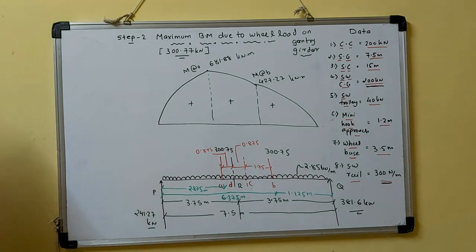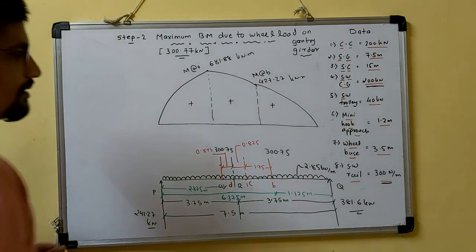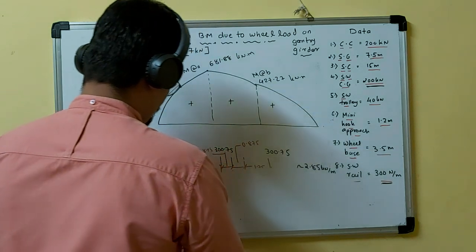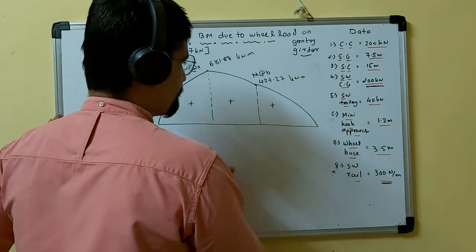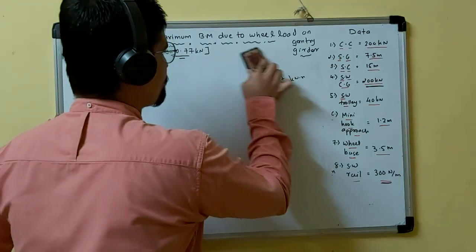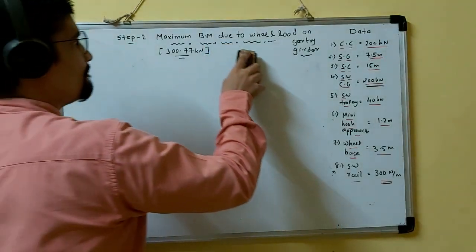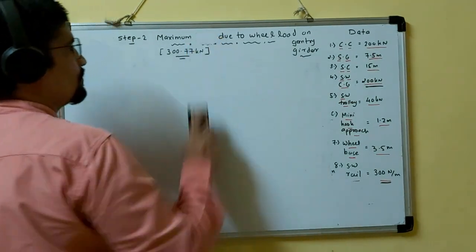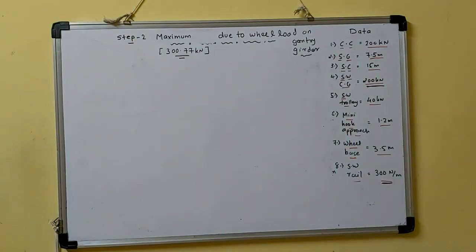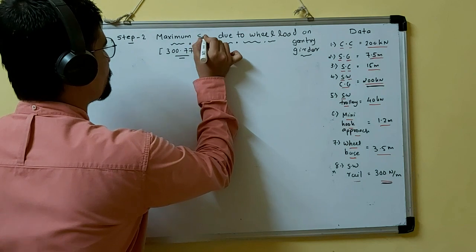Now, moving towards the third point, maximum shear force due to wheel load.